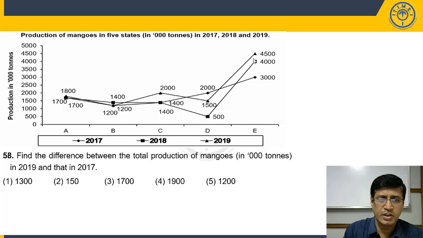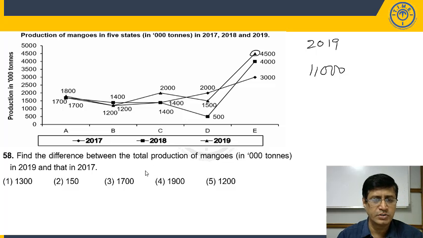What are the values here? So this is for 2019. So what are the values? 4500, 1500 and 2000, 1200 and 1800. 1800 plus 1200, it is 3000 plus 2000, 5000, 5000 plus 6000, that is 11,000. So 2019, the value is 11,000.